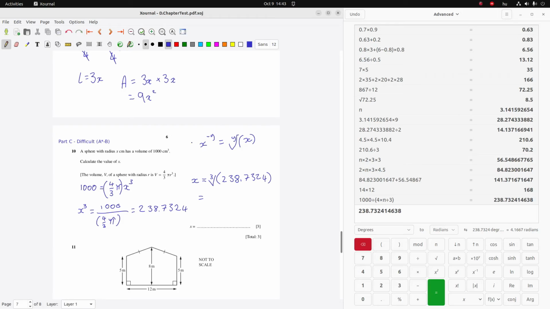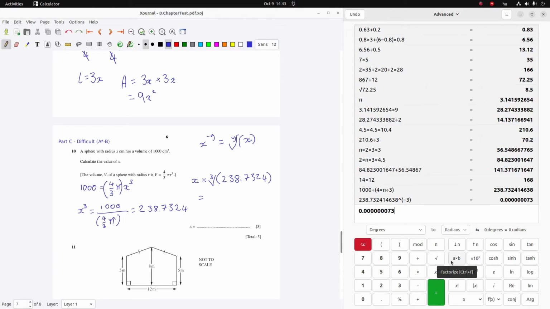This is something we learn in the algebra chapter. So we'll do this to the power of -3. Let me put these brackets just in case. When in doubt, use brackets.